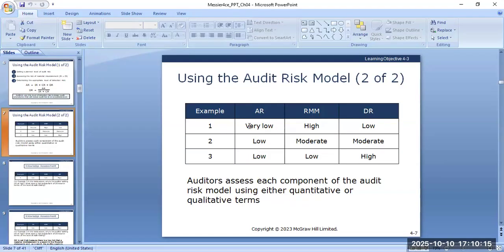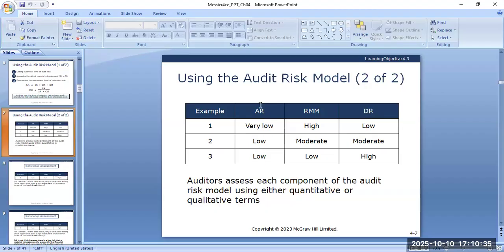First example is we want to keep the audit risk very low, but the risk of material misstatement is high. That means inherent risk and control risk are high. The only way we keep it low is we lower the detection risk.